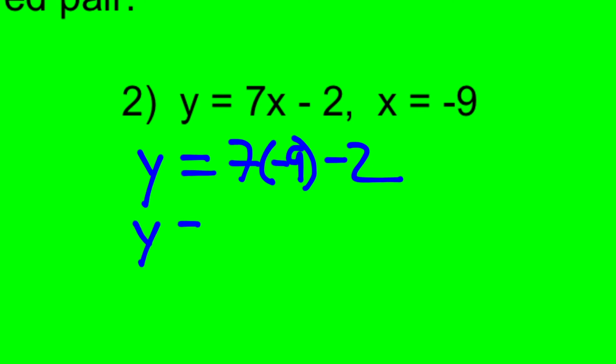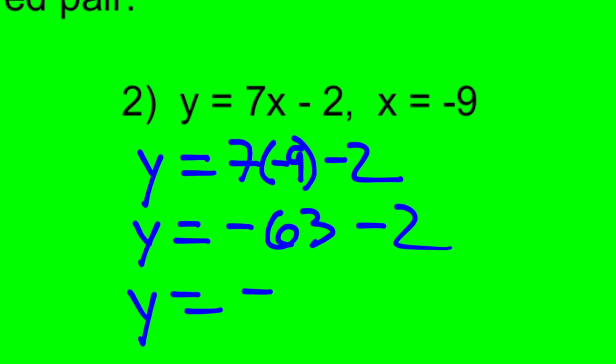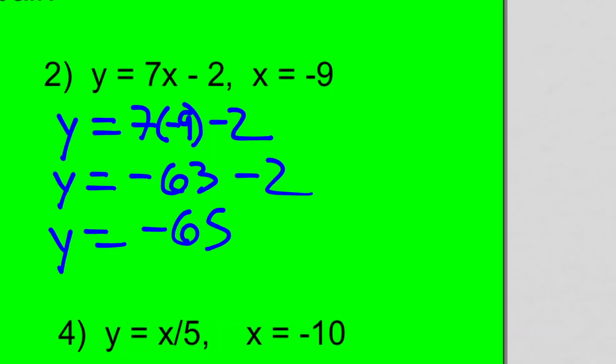Y equals 7 times negative 9 is negative 63, minus 2. And now I have a negative 63, negative 2. Y equals negative 65. And you can see why we put so much emphasis on integers: they don't go away, right? If you're not strong with your integers, you're not going to get this.